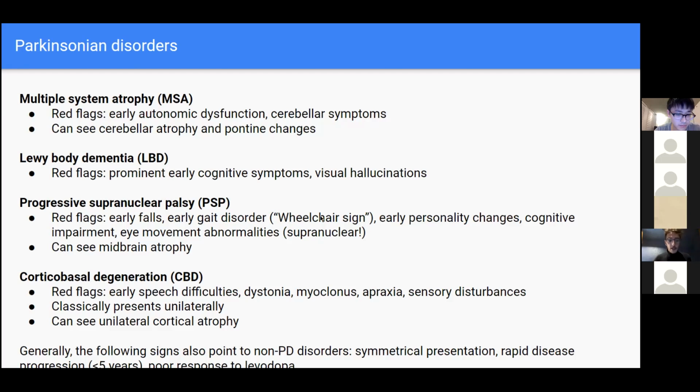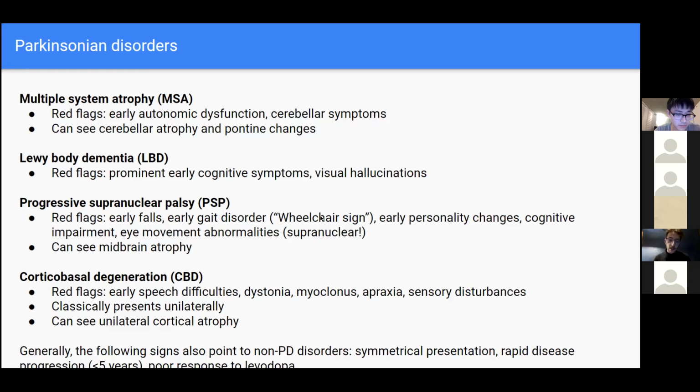Then you have finally cortical basal degeneration. The red flags of cortical basal degeneration are really cortical things. Notably, sensory disturbances. That's my trick for remembering: cortical basal, the cortical component, you're going to have sensory changes. And then you'll have bulbar changes, like speech difficulties, but also dystonia, myoclonus, and apraxia, right?